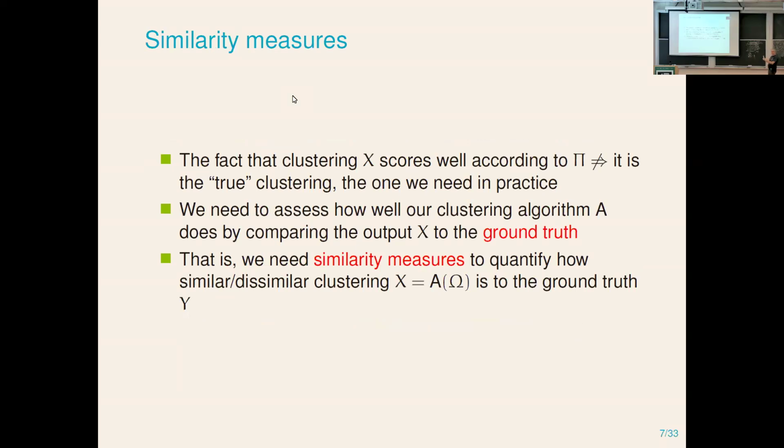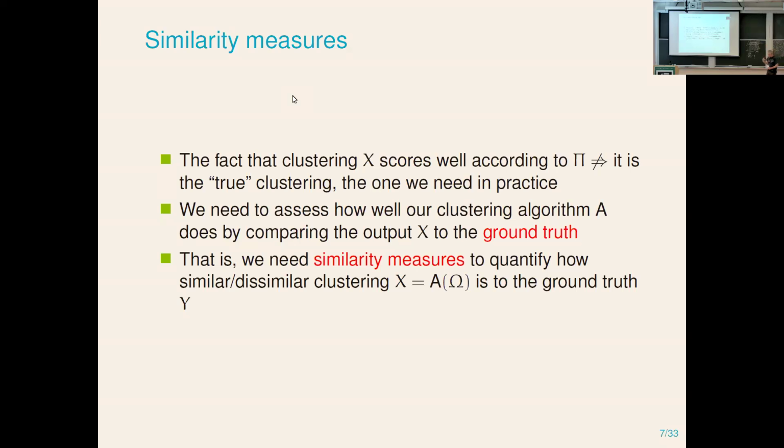So the best you can do is kind of approximate that ideal. I want to try to get a good approximation to the optimal one. But anyway, maybe this clustering that we get, the optimal one, is not the thing that we are interested in. It's not the true clustering we are thinking of for our practical purposes.